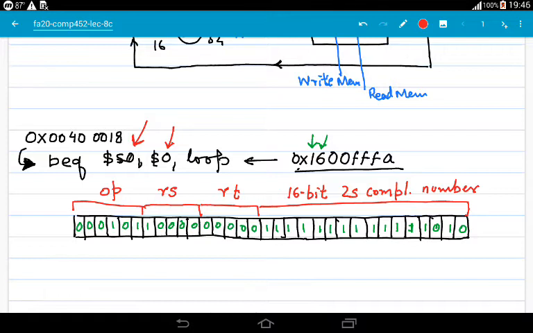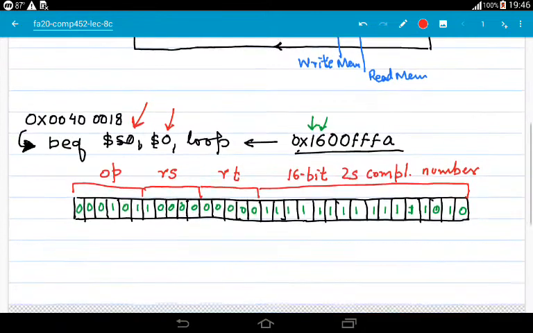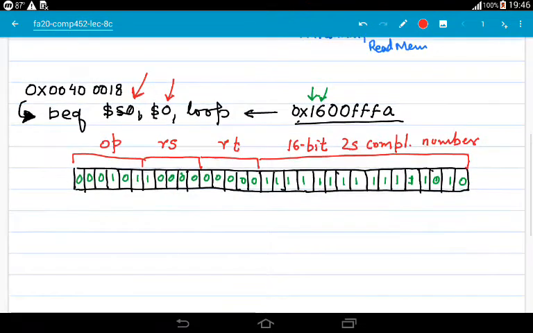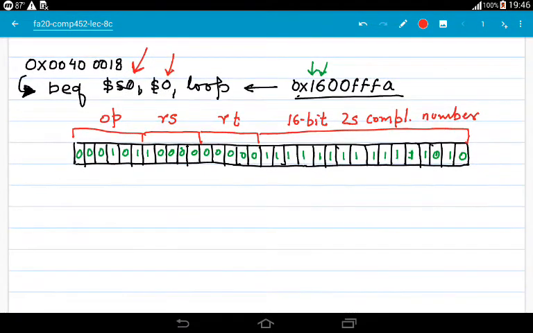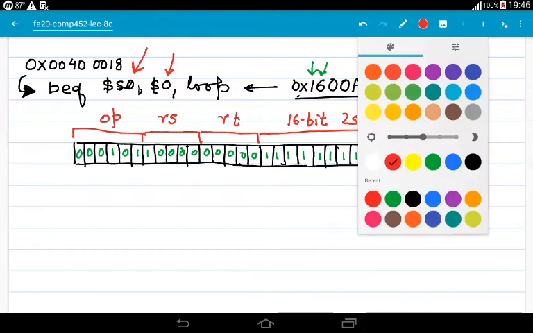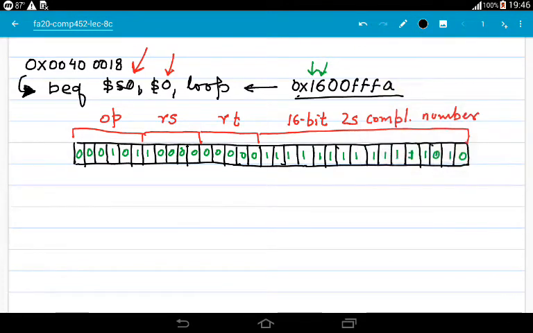Now, how this instruction is executed, because this will tell us what hardware we need. The main controller looks at the opcode. From opcode it knows that it's a branch if equal instruction. Then it looks for RS and RT.